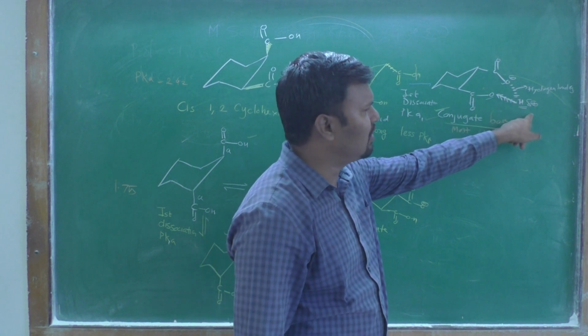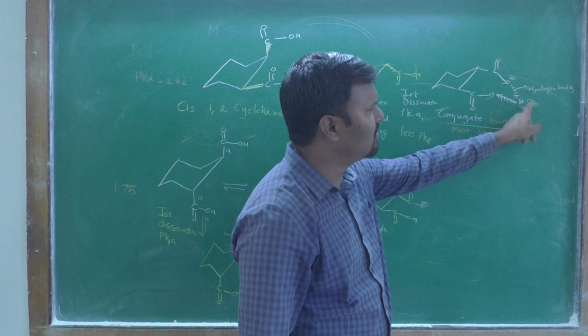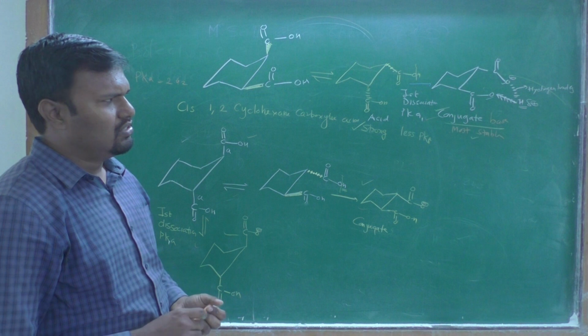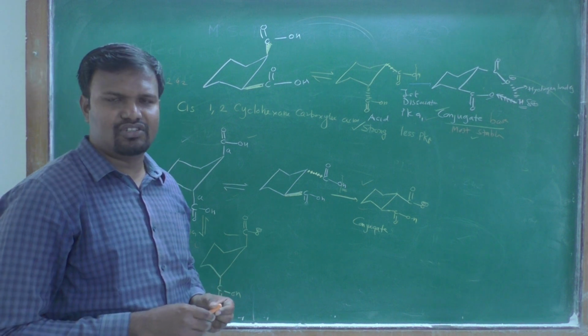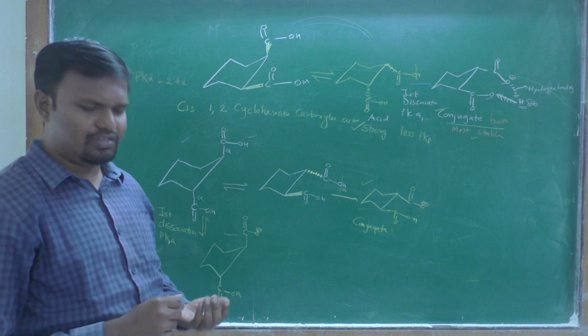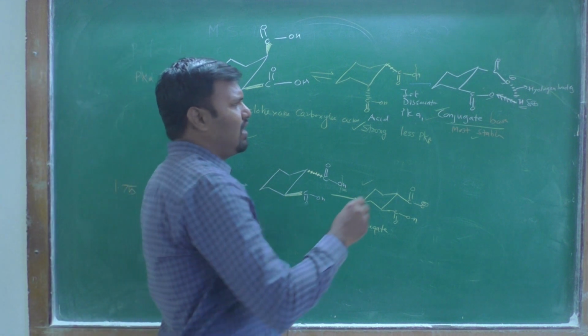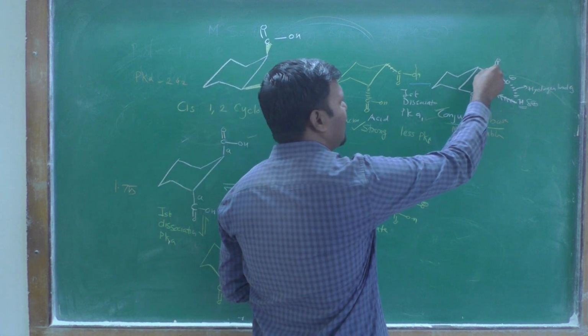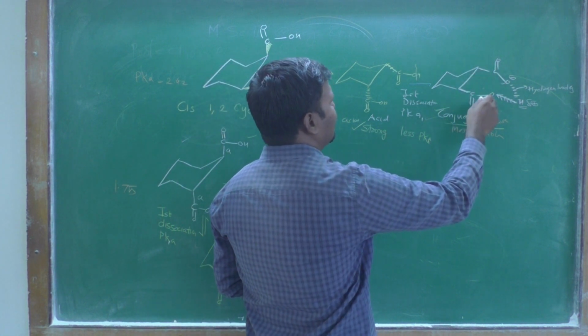That delta positive charge and the negative charge have a very weak attraction. Charges attract and form the hydrogen bond. And why does hydrogen bonding happen? Because these groups are on the same side.